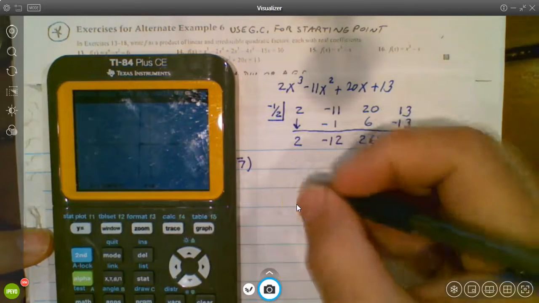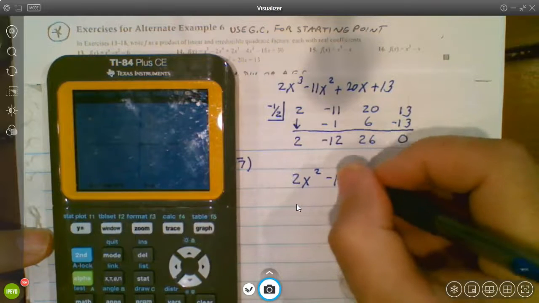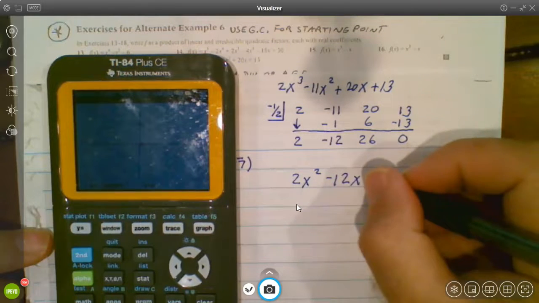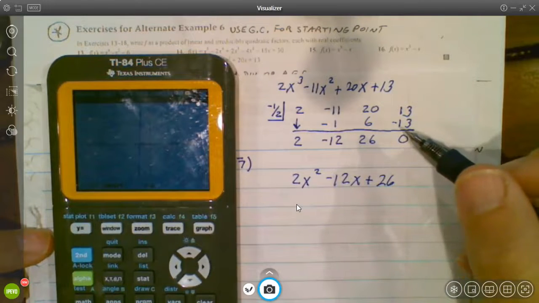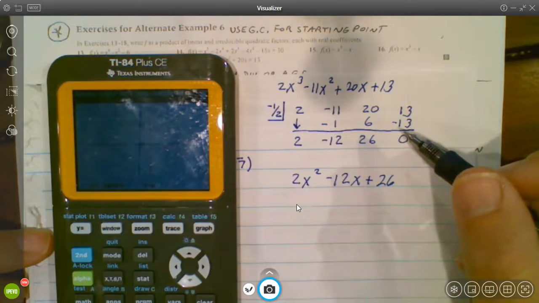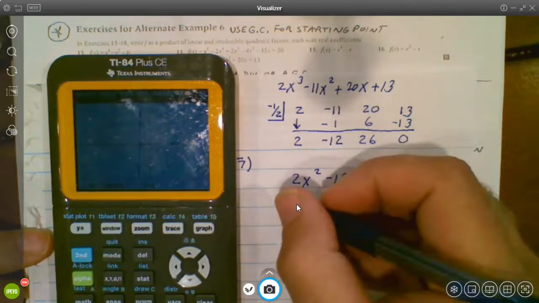Here's what's left. I now have 2x squared minus 12x plus 26. They want me to break this down and factor it as far as it can go to find my remaining zeros. As far as factoring goes, I definitely want to pull out the 2.